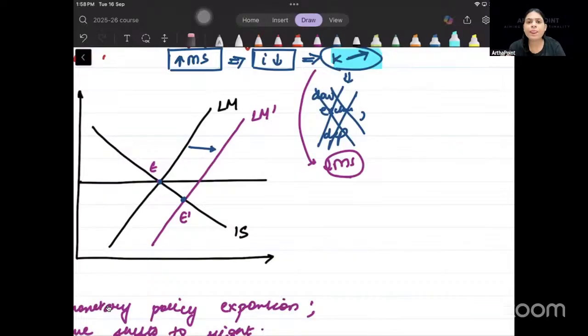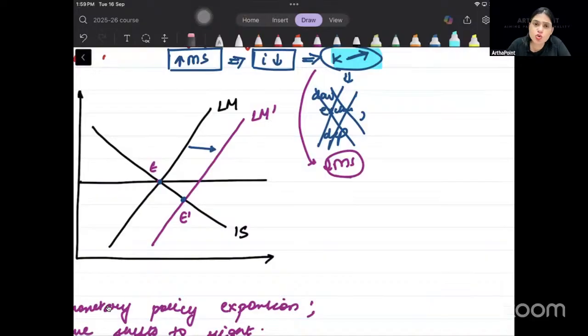This is what is happening in India currently. As of September 2025, foreign portfolio investment is declining. Nobody wants to invest in India. They want to invest outside India because they think that the dollar is a safer, risk-free option.